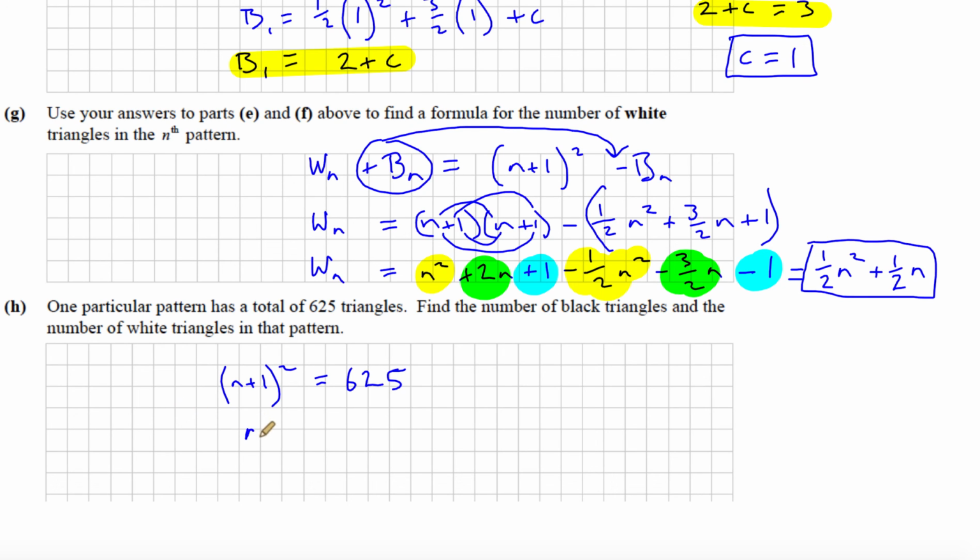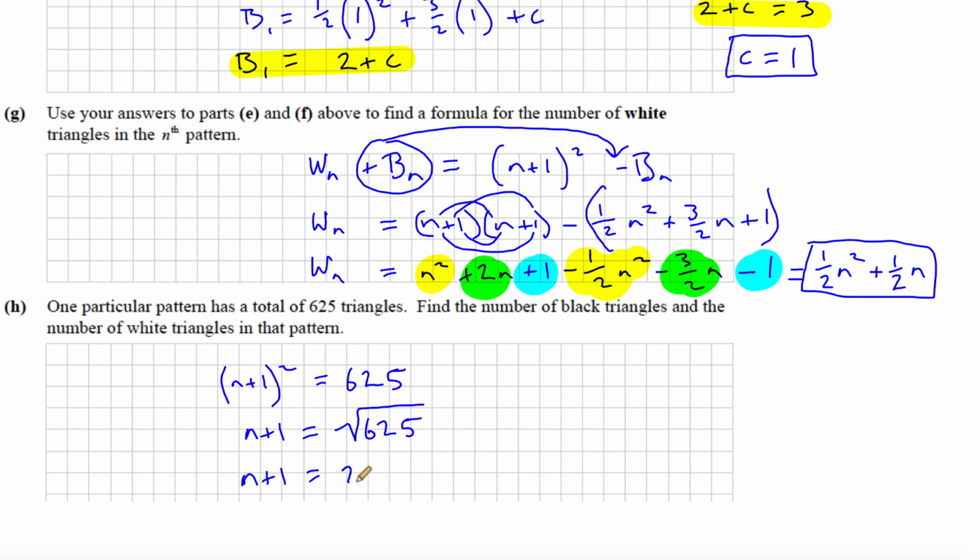So we would get n plus 1 is equal to the square root of 625. Now we can ignore the negative here. Square root of 625 could be plus or minus 25, but we know that n has to be positive, so we can ignore the negative one.